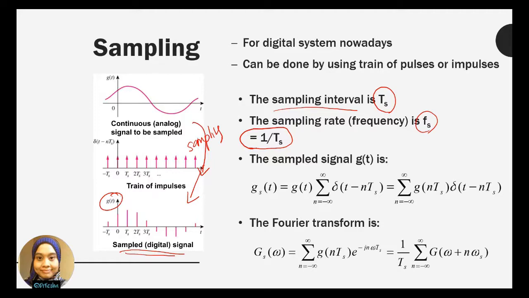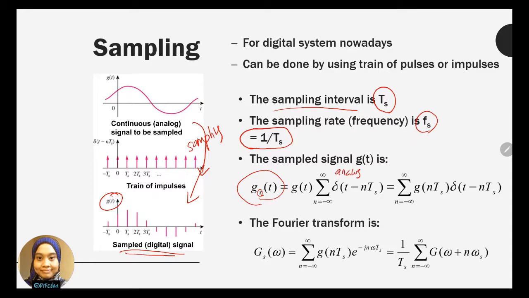So we have gs here, meaning the sampled signal, where g(t) is the analog one.